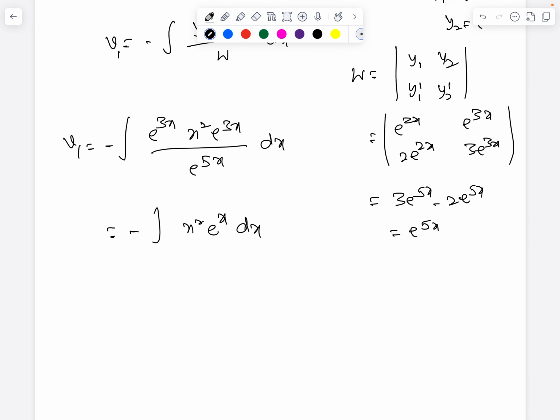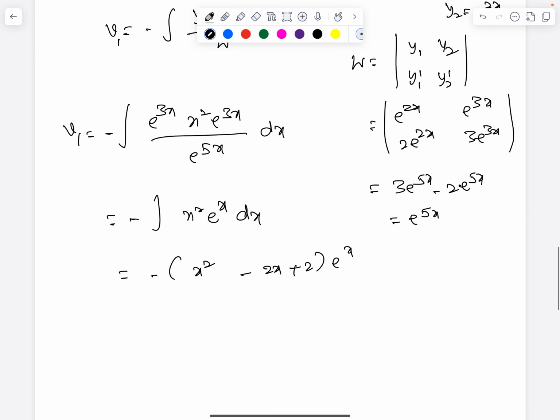Now you have to apply integration by parts. That implies minus of x square minus 2x plus 2 times e power x is the solution.